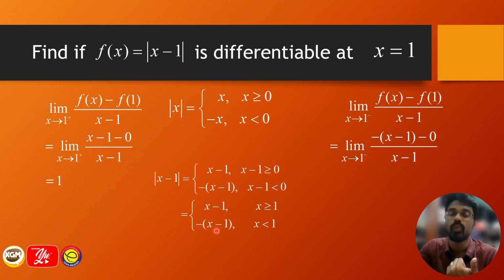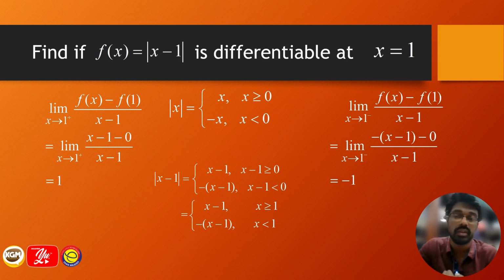As we put 1 again, you would get the same value, which is 0. So I just have negative (x minus 1) over (x minus 1). You simplify. Limit of negative 1, limit of a constant is just the constant. So you can see here, limit as x approaches 1 from the right, you get 1. Limit as x approaches 1 from the left, you get negative 1.